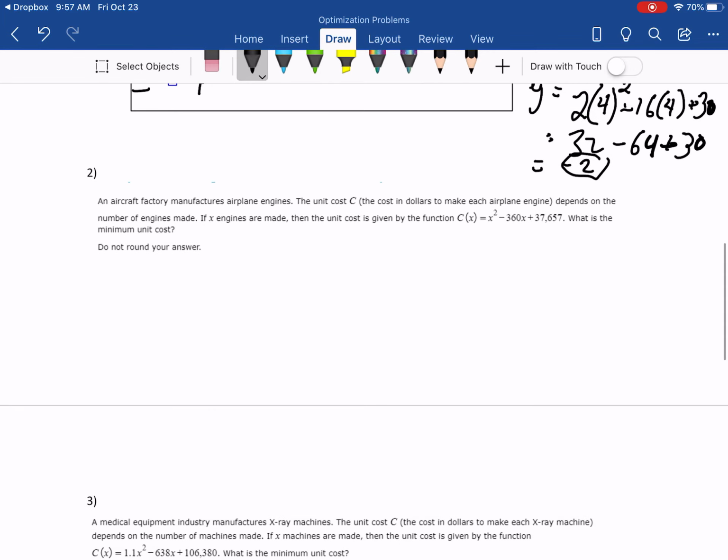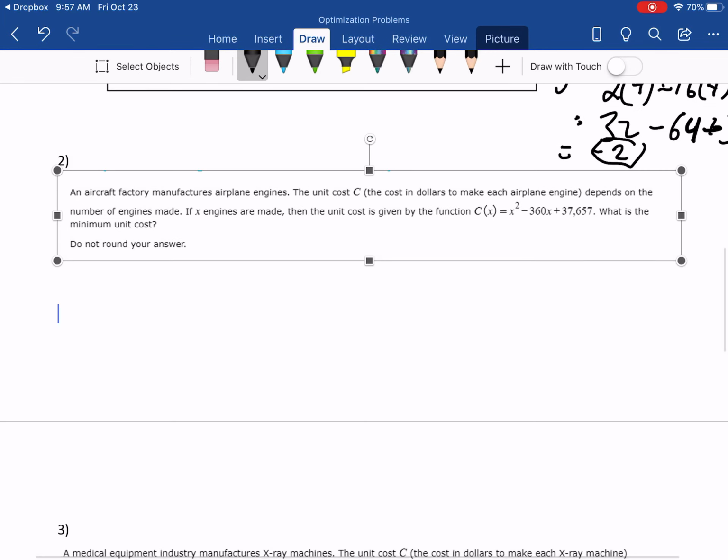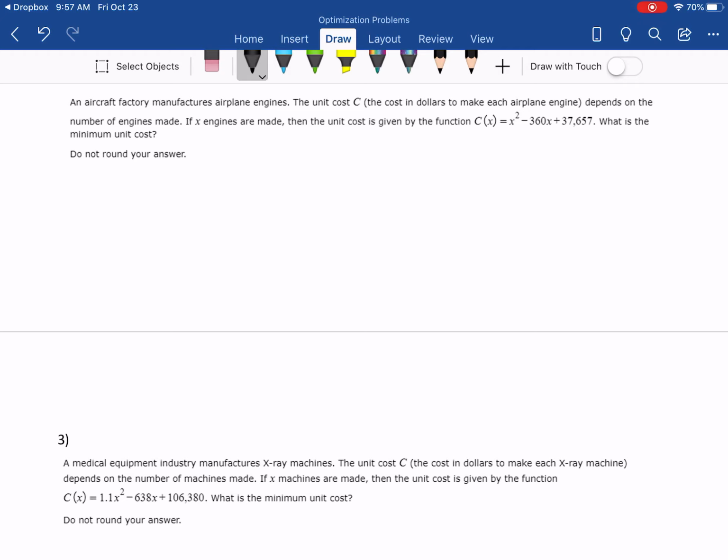Number 2 is a word problem. We have this function c of x equals x squared minus 360x plus 37,657.